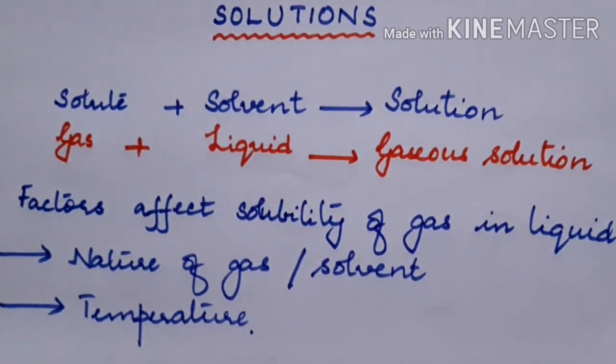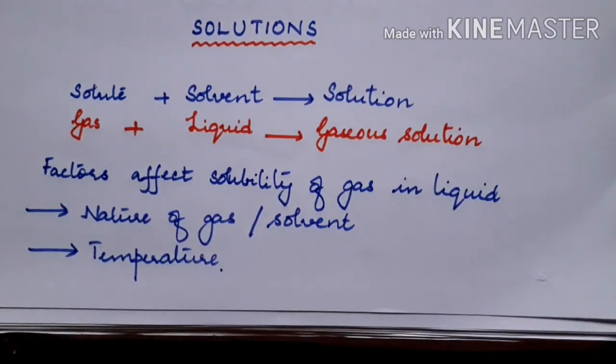So, it moves in the direction of the endothermic reaction. That means dissolution decreases, or solubility of gases decreases with increase in temperature. When we compare the different gases, you find that solubility of oxygen and nitrogen at high temperature is lesser compared to other gases.